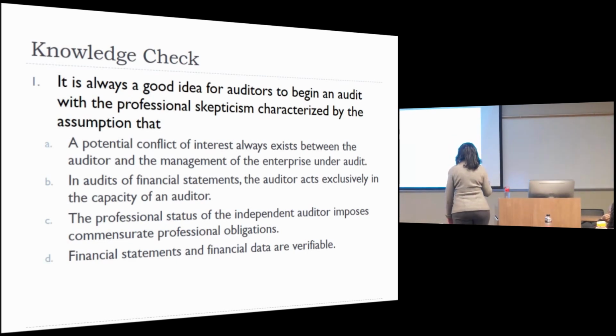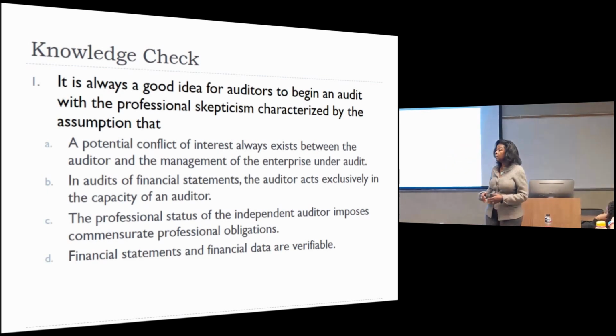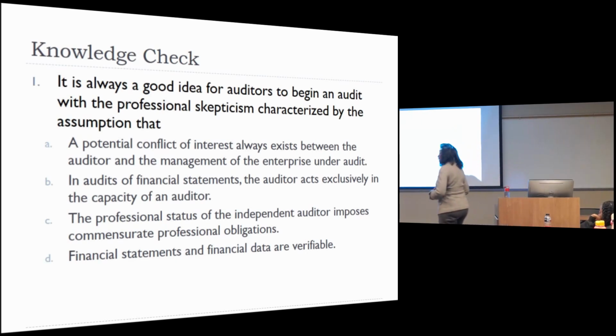Because you form relationships with the client, as Casey pointed out, the client pays you, you want to keep the client, and so you have to guard against your relationship or your incentives to retain that client impeding your professional judgment.